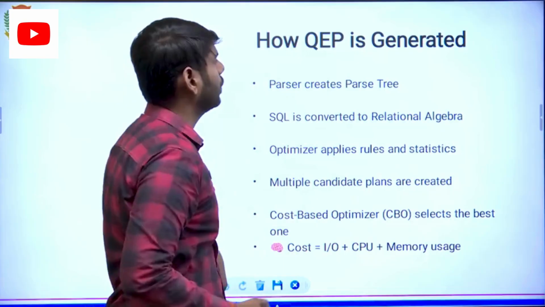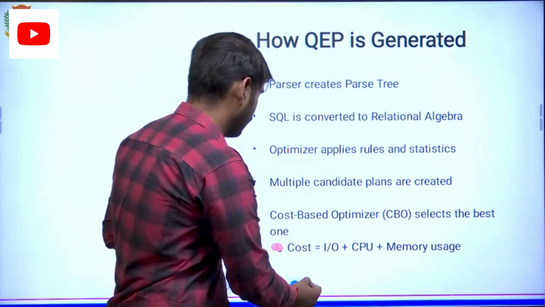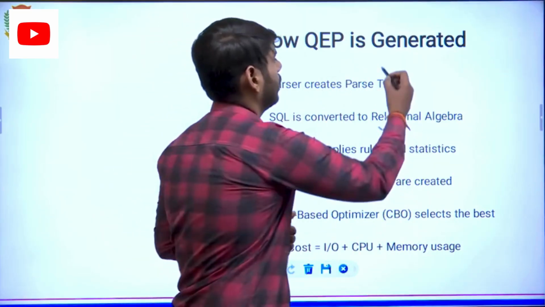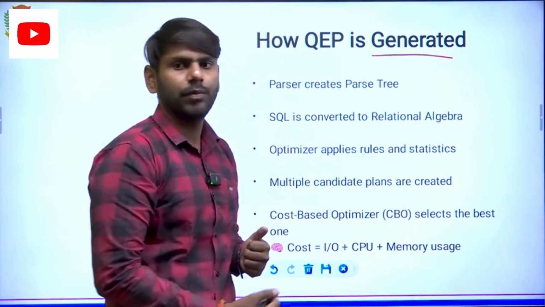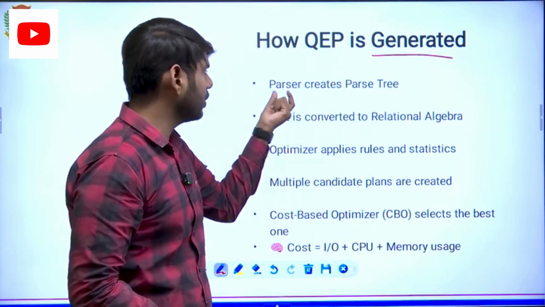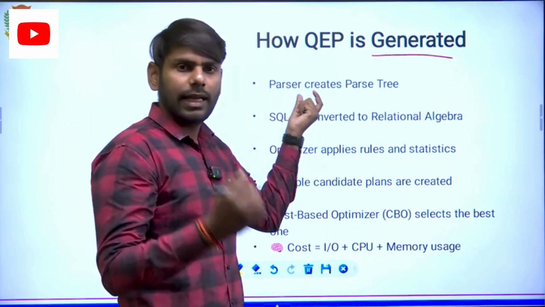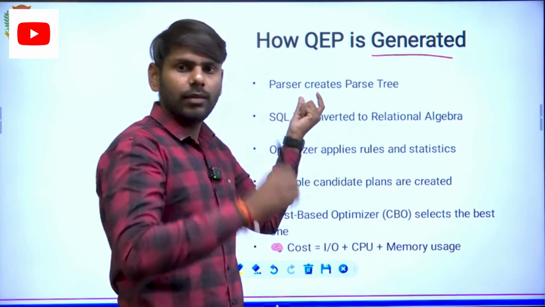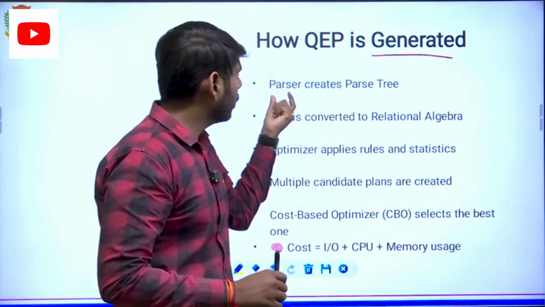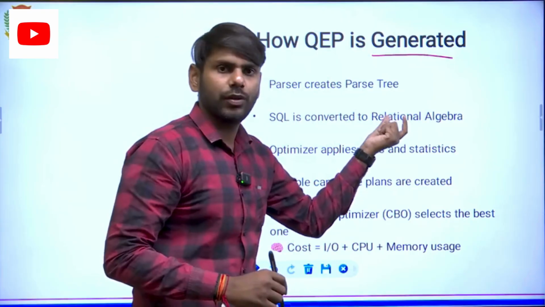So these were the components, and now we have to see how the DBMS generates this query execution plan. The first phase we have already studied. First, we take our SQL query and send it to the parser, right? The parser will create a parse tree.